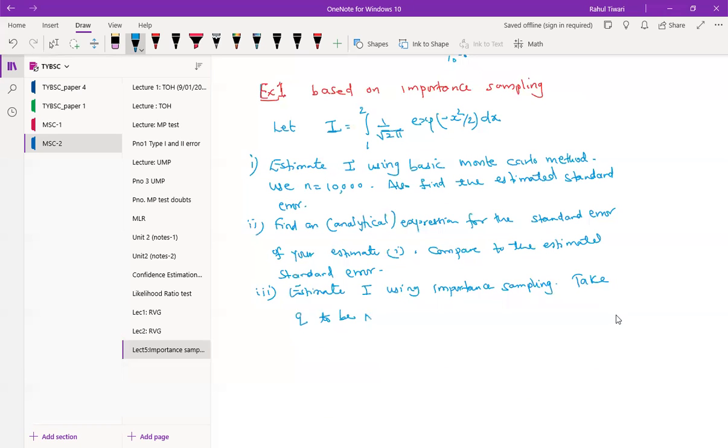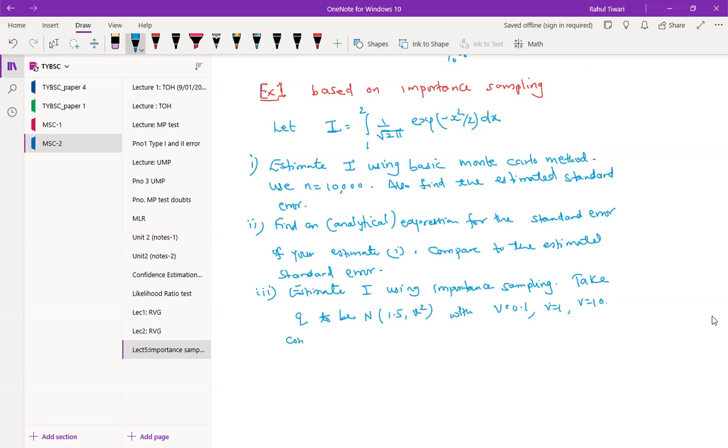Q will be the normal with mean 1.5 and variance V square, with V equal to 0.1, V equal to 1, and V equal to 10. So I'm considering different standard deviations. If it is 0.1, what happened? If it is 1, if it is larger, then what happened? Okay, and just computing their value.